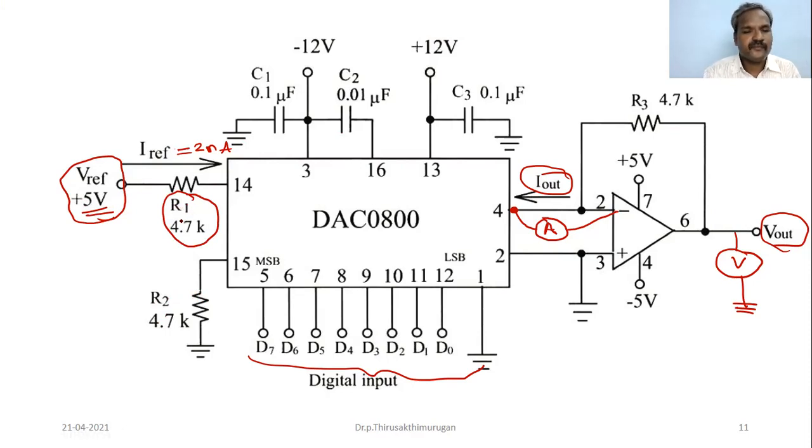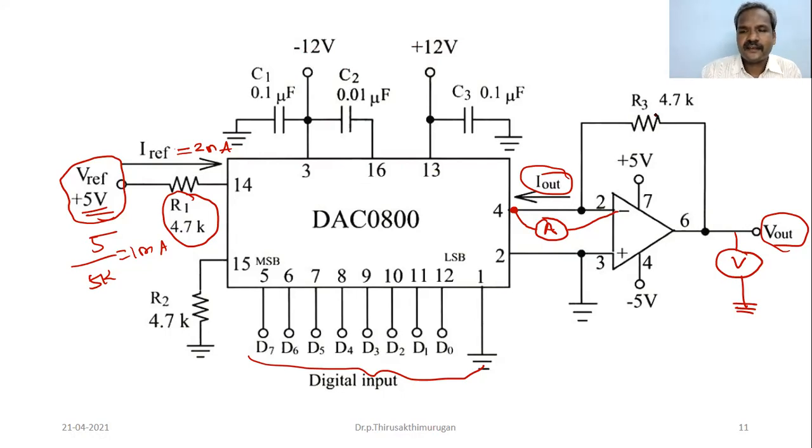If R1 equals 5K, then 5 volt divided by 5K gives 1 milliampere. But since 5K is not available and the standard resistor value is 4.7K, I utilized 4.7K here. At pins 3 and 13, we apply minus 12 and plus 12 volt, that is plus VCC and minus VCC, along with capacitors to filter the noise in the power supply.